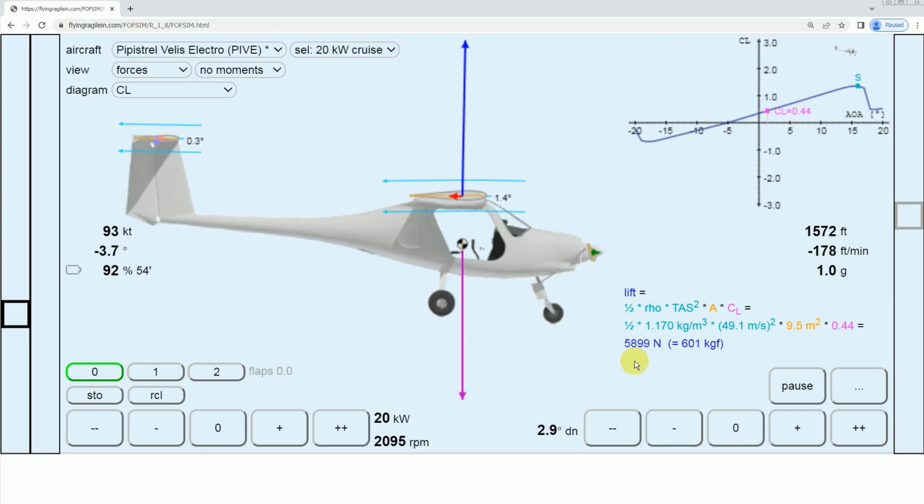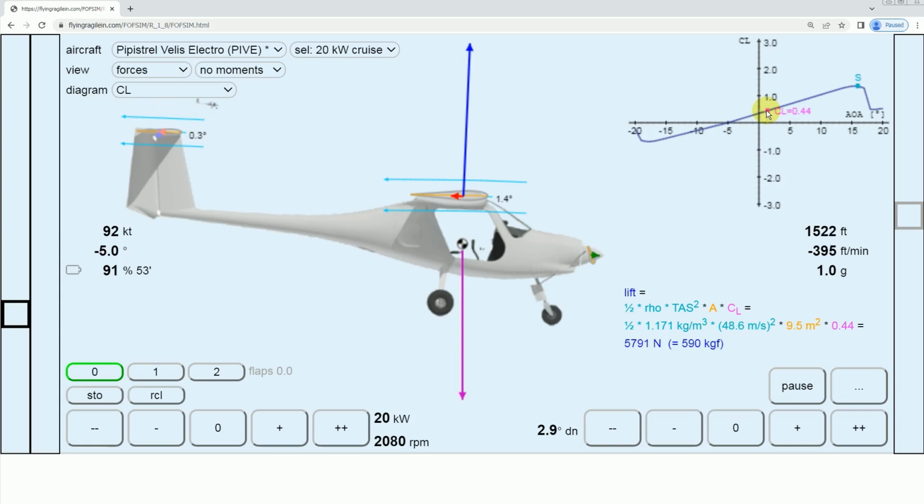Together they give the same lift as before, about 600 kilogram force. Now lift and weight are in balance again. So reducing CL by pushing on the stick causes the aircraft to adapt its flight path until the resulting speed in the lift formula again gives the required amount of lift to carry our weight.